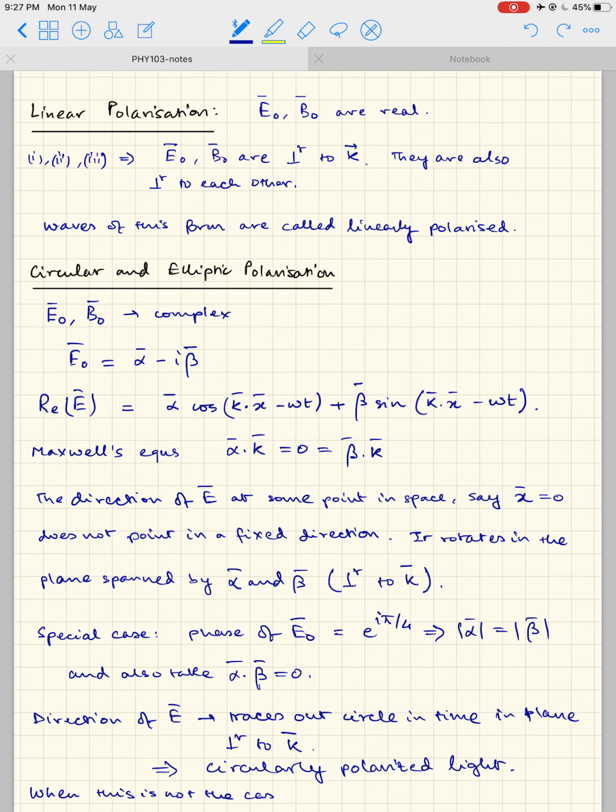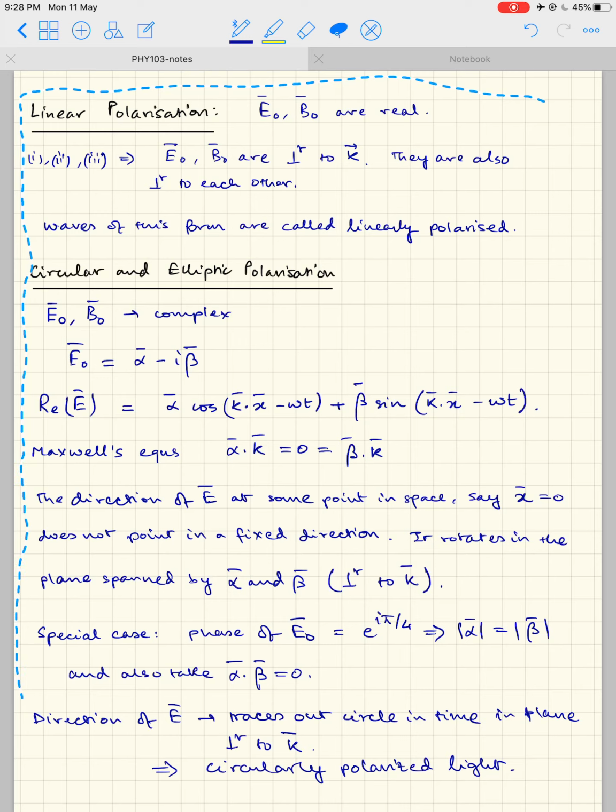Okay, let me just get rid of this from this last line. I need a little bit of space to write this last line.